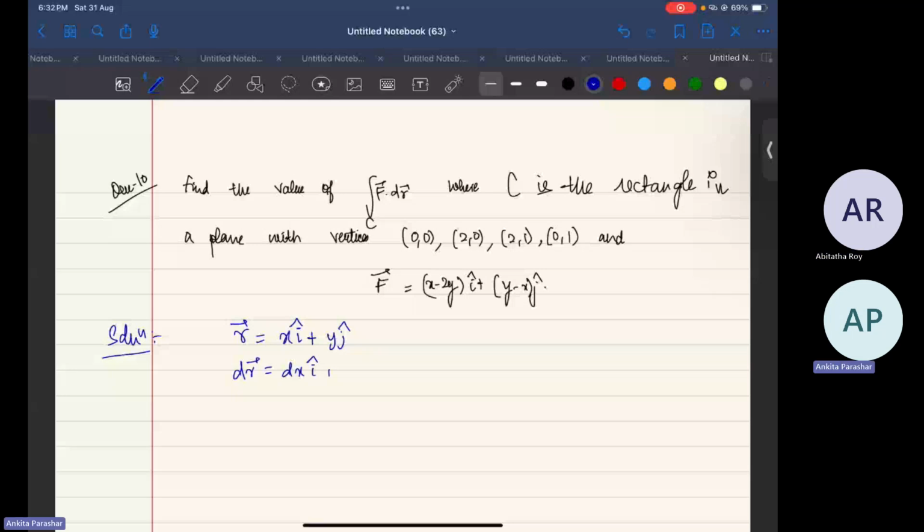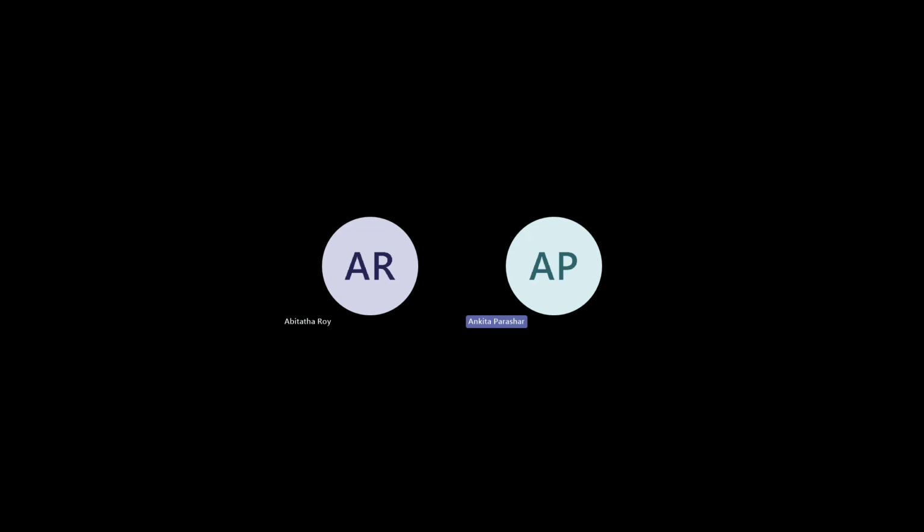Okay, let me just stop sharing and start sharing again. I think that might work. I'm connecting through my mobile data. I'm not very sure, there are not good networks here.